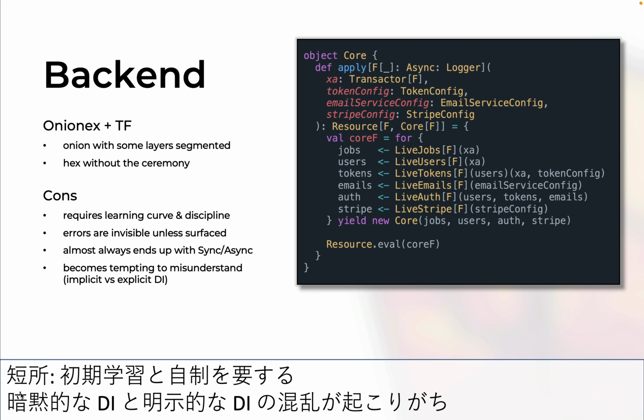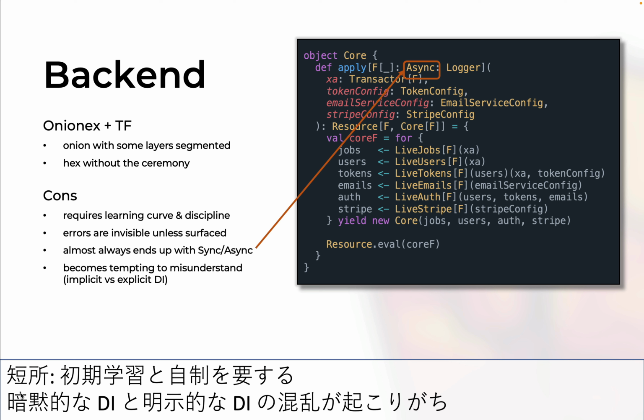Now, as your code grows in complexity, tagless final becomes very tempting to misunderstand because as you create more slices of your backend layers with various type class dependencies in there, it becomes very tempting to pass your core layers as type class instances implicitly as well.